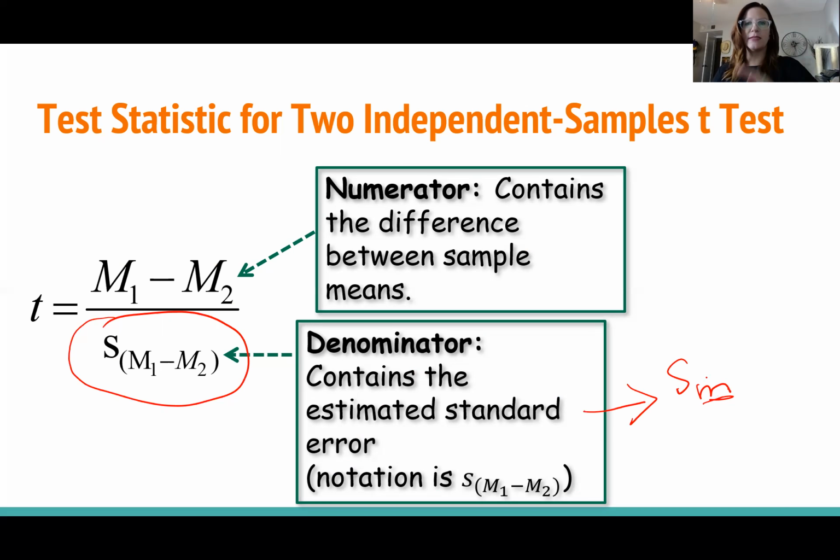So that estimated standard error just was S subscript M. But now we have two sample means, so we have to think about the difference. So S subscript mean 1 minus mean 2. But we're not actually subtracting the mean 1 or minus the mean 2 in that denominator. So be really careful that you understand that that is just a notation.